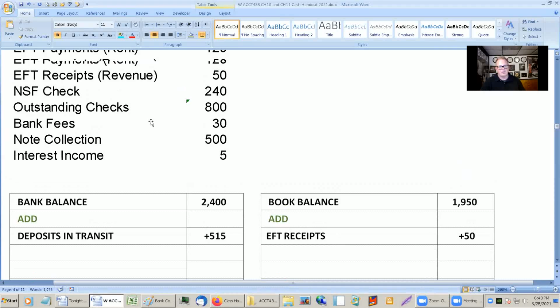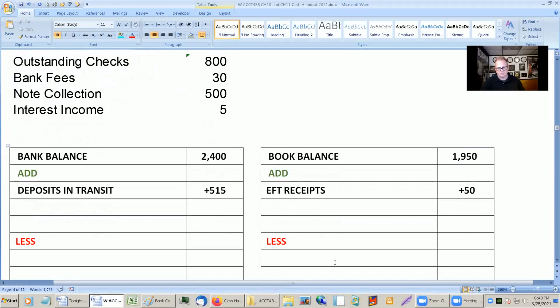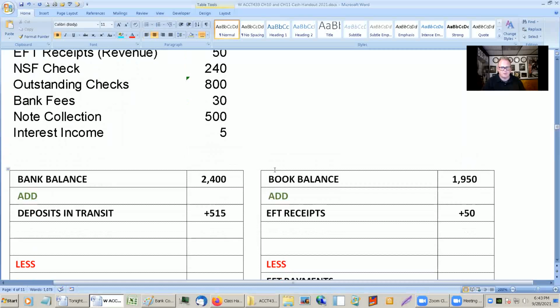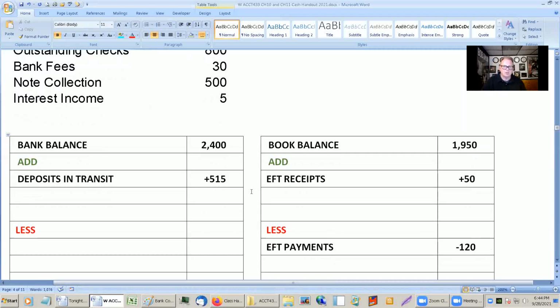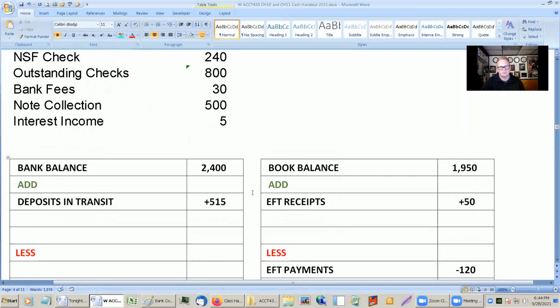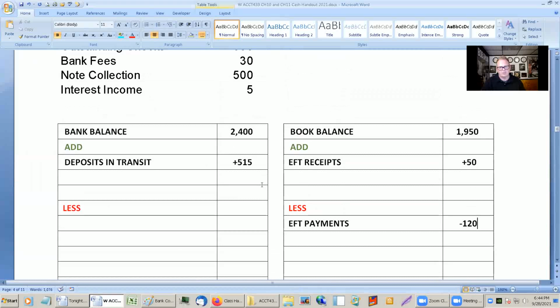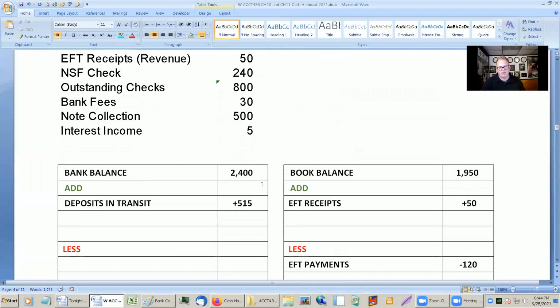And these EFT payments, again, there's no check involved. $120. Smaller, yeah. Okay.